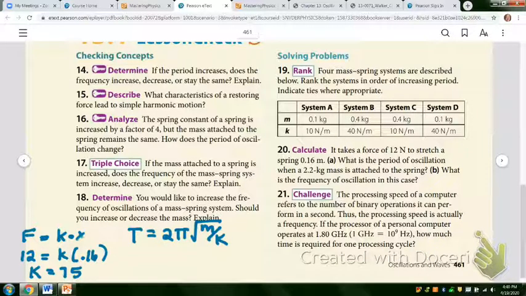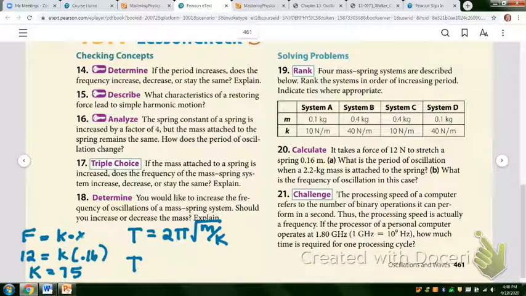So what is the period when a 2.2 kilogram mass is attached to the spring? So put 2.2 here, put my 75 here, and type it in the calculator to see what you get.